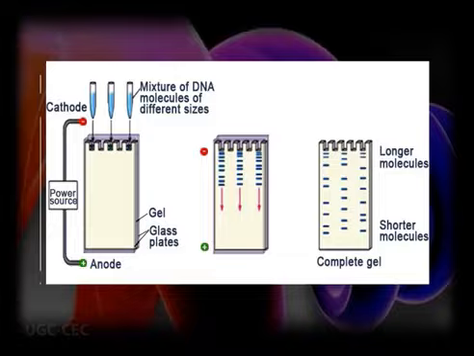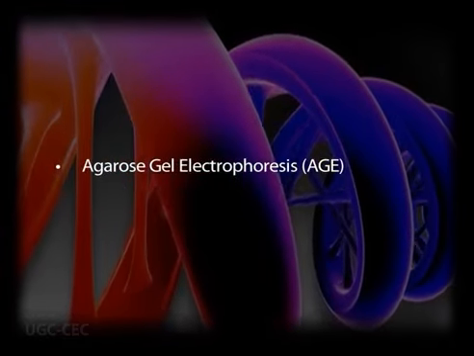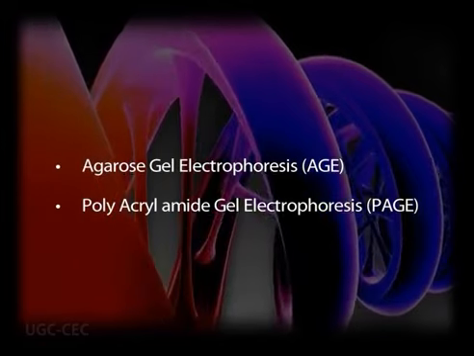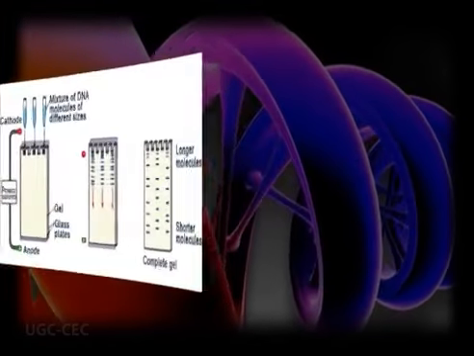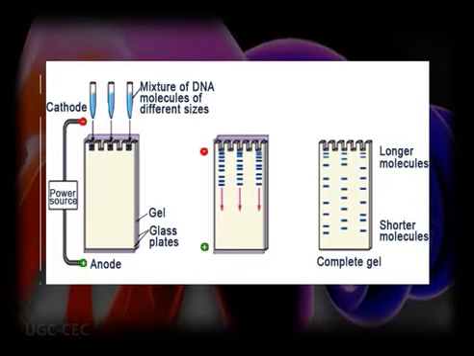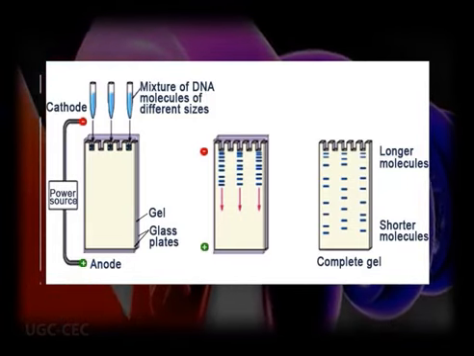In order to separate fragments of different sizes, the electrophoresis migration is performed through a gel as a support medium. Two gel systems are widely used in recombinant DNA technology: agarose gel electrophoresis and number 2, polyacrylamide gel electrophoresis. During gel electrophoresis, smaller molecules migrate at higher speed than larger molecules.